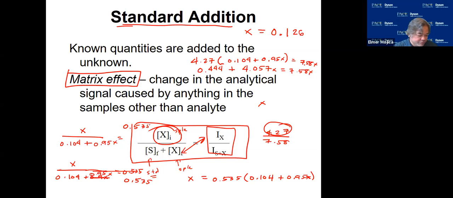So the starting point that we have is the one that we have here. X equals 0.104 plus 0.95X equals 4.27 divided by 7.98, not 7.58. So that may be where everything's messed up.